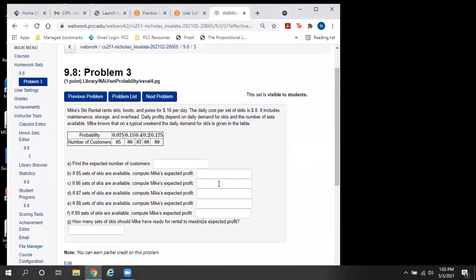Cool. So did anyone figure this one out? Probably not many people have tried yet, huh? Any thoughts on how to do this one?